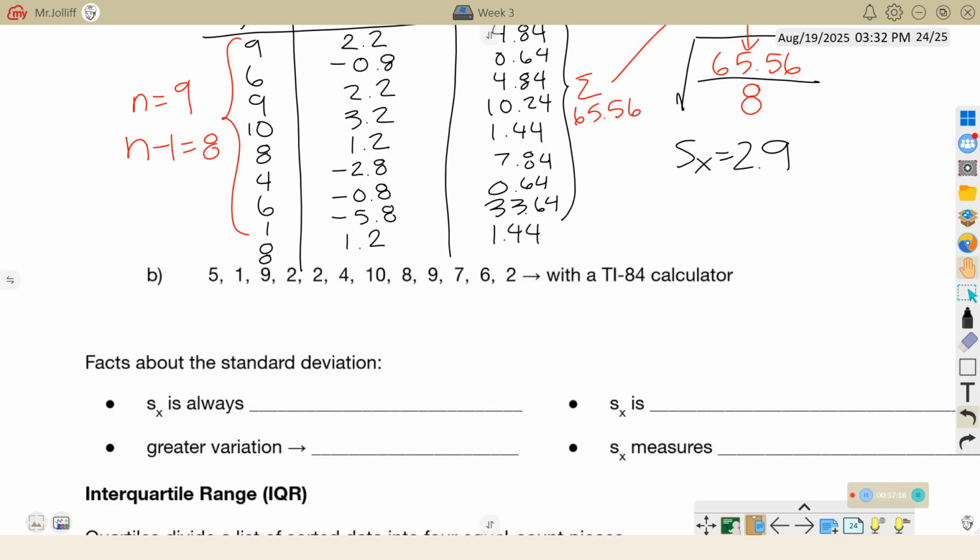There you go. When you hit enter and select 1-Var Stats, your calculator should default to have list 1 as your list item. Yeah, it should say list L1. That's perfect. That's exactly what we want. Go down to calculate and hit enter.